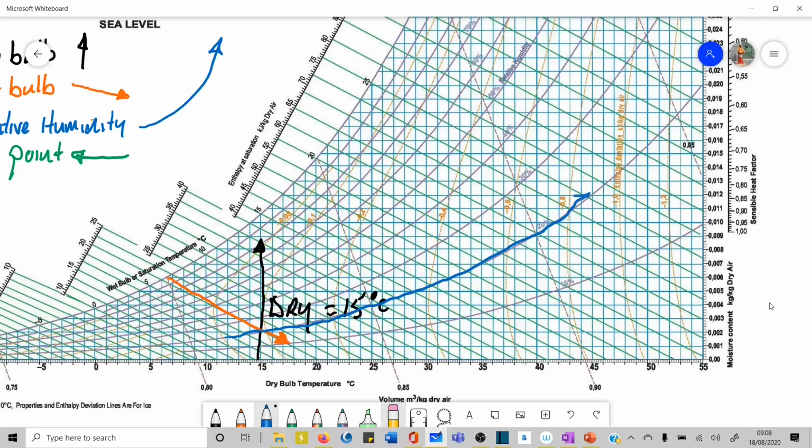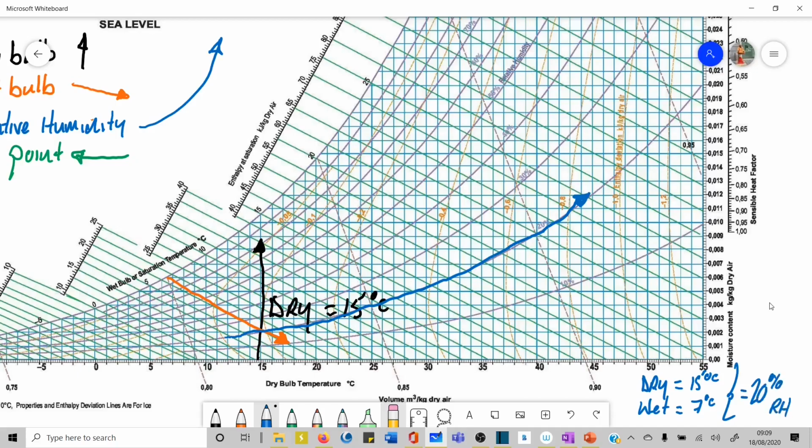If we had a dry temperature of 15 degrees, and the wet equals 7 degrees, then as the relative humidity comes through on this line here, we can see it crosses around about 20%. So that equals 20% relative humidity.